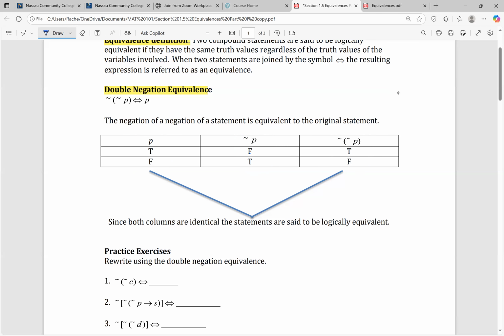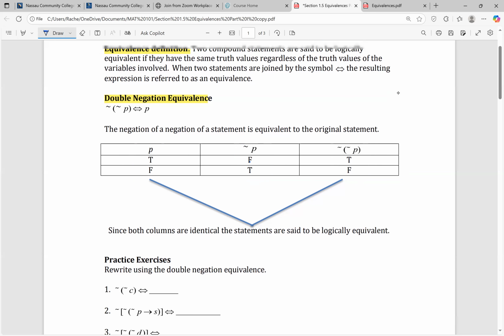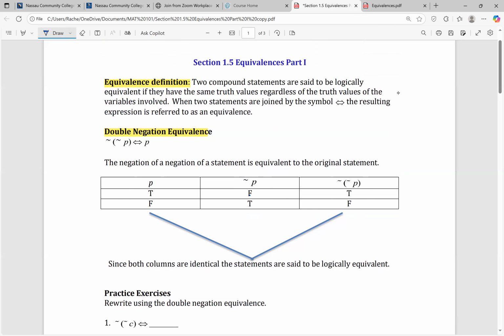And let me just point out the symbol because I don't want you to get it confused with the biconditional. Remember, if we have a double-headed arrow, this is the biconditional. But this fatter double-headed arrow, the thicker one, that just means equivalent.